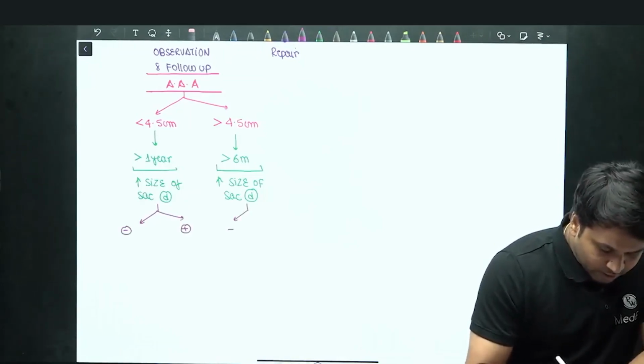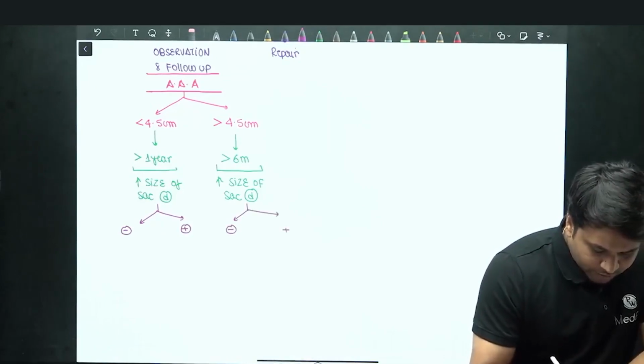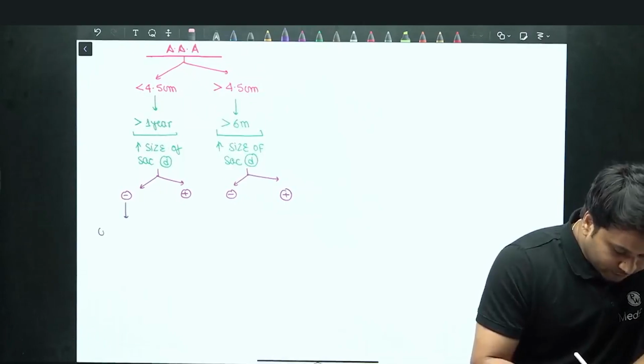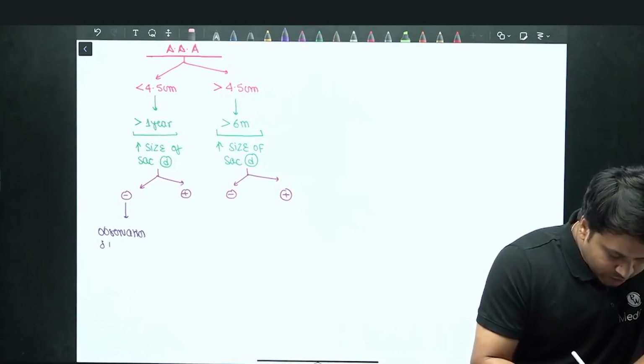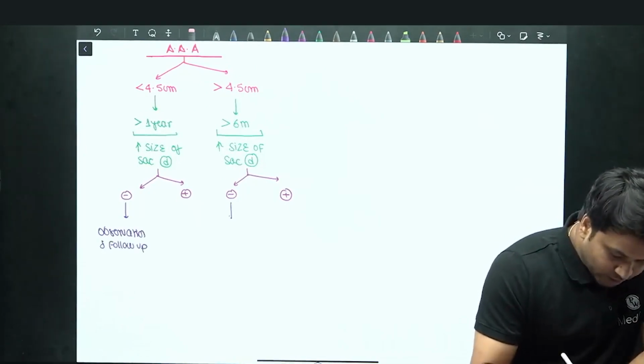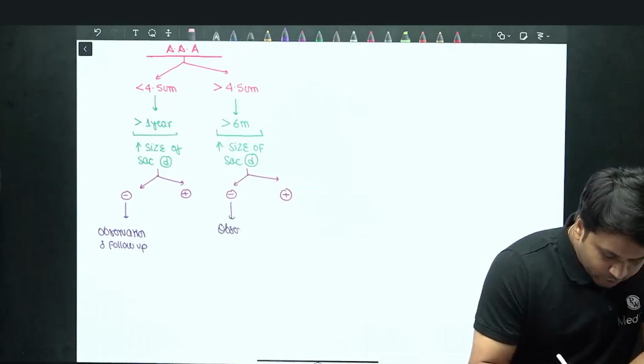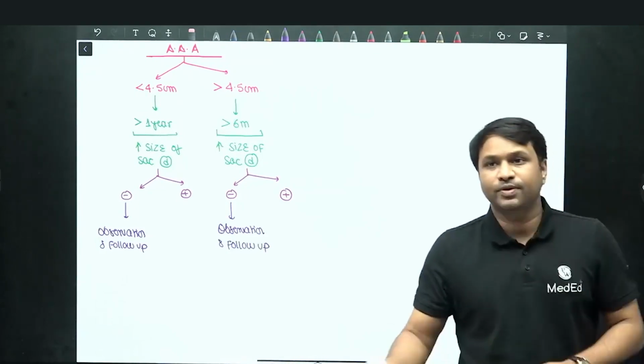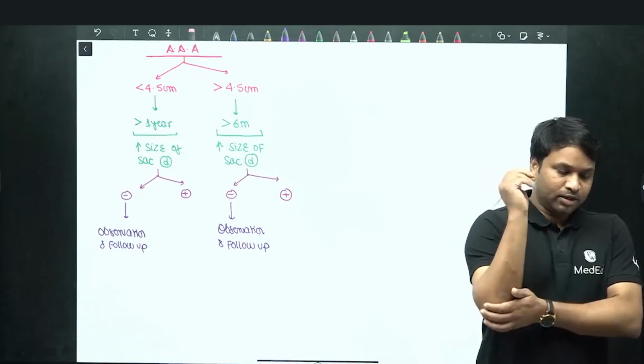Here also there is no increase, there is presence of increase. If there is no increase, continue observation and follow-up. Here also no increase, we have to go with observation and follow-up, right?